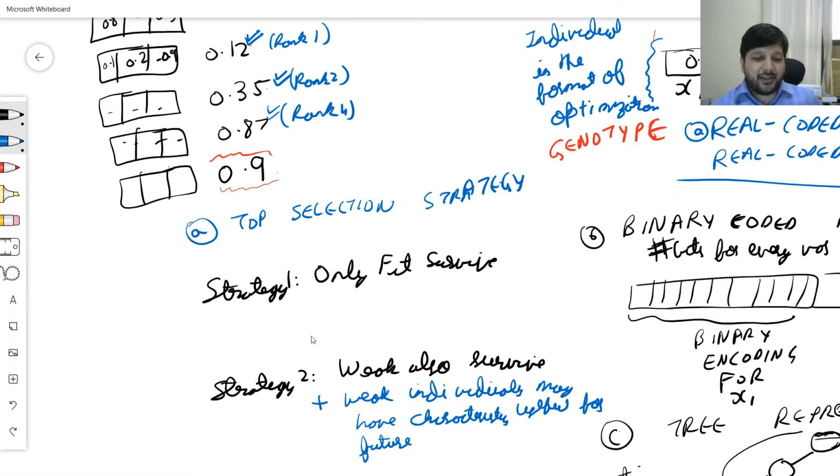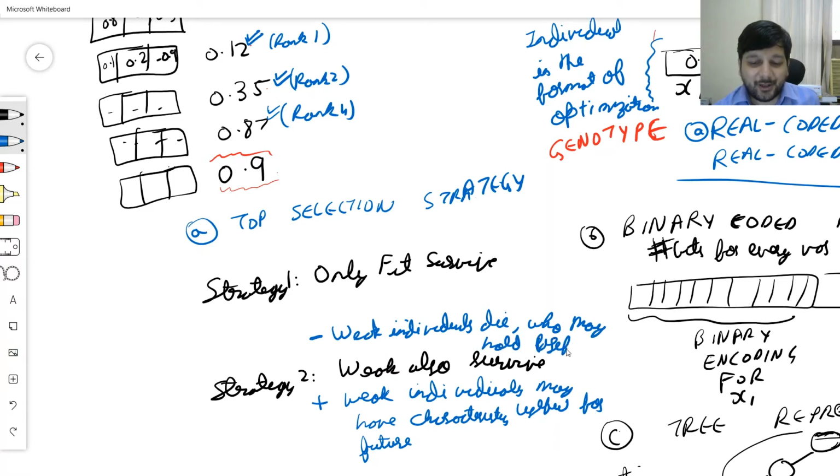and the con is over here, if only fit survive, that weak individuals die, who may hold useful, so I'm writing the same thing again, future characteristics. It's the same line, so the plus of one is the con of the other one. And I've got another interesting thing.